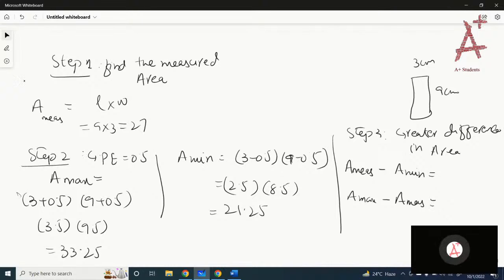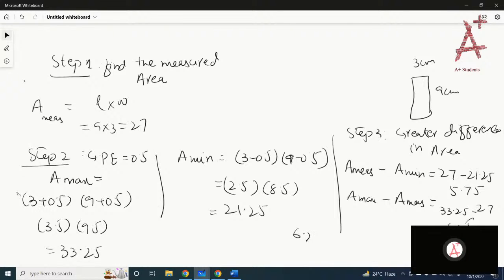Let's see which has the greater value. So 27 minus 21.25 and 33.25 minus 27. 27 minus 21.25 is 5.75 and 33.25 minus 27 is 6.25. So this is the greater value.